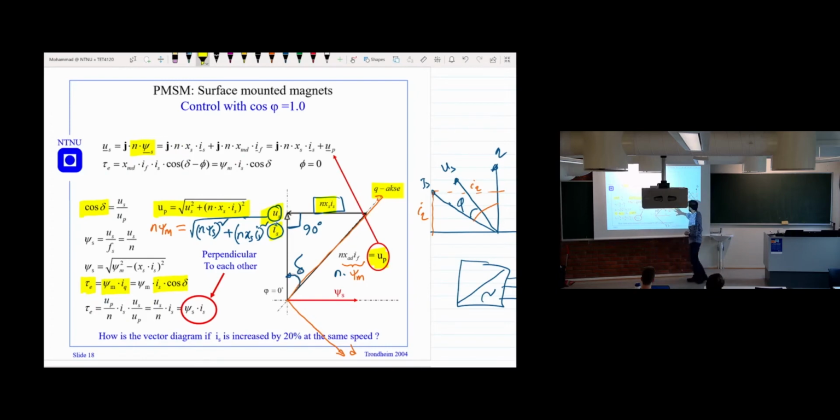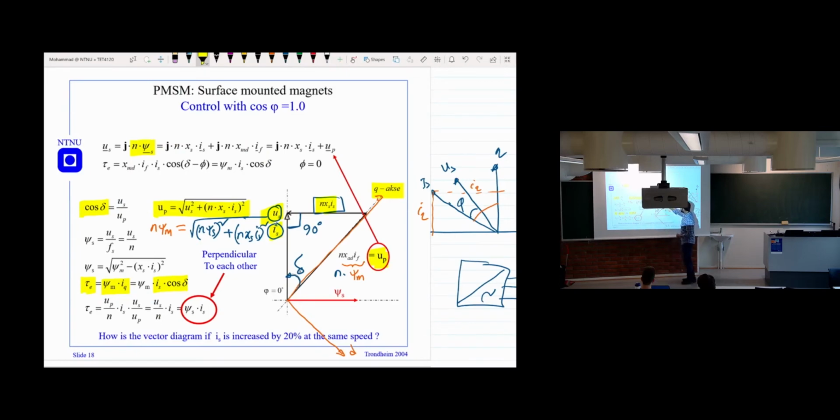From this you can see that n psi m gives us UP, then you can write psi m is equal to UP divided by n. So that's what we wrote here, UP divided by n. And then you have the IS, and you have the cos delta.